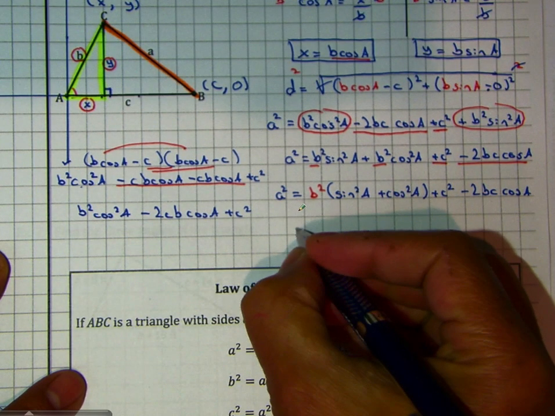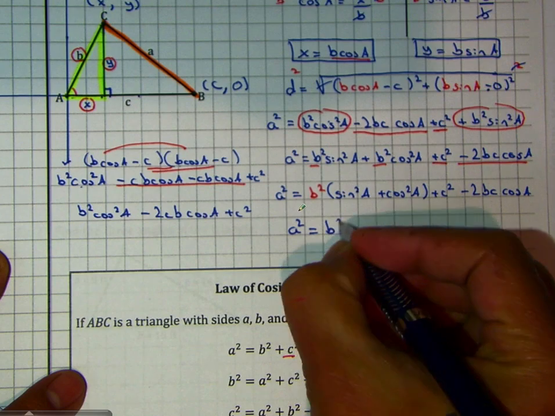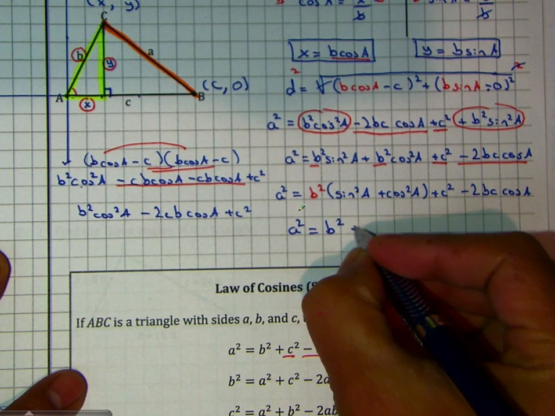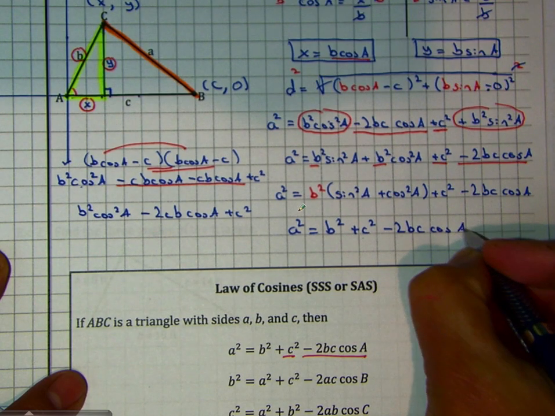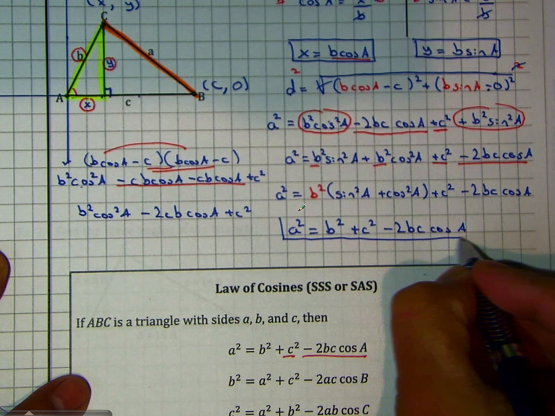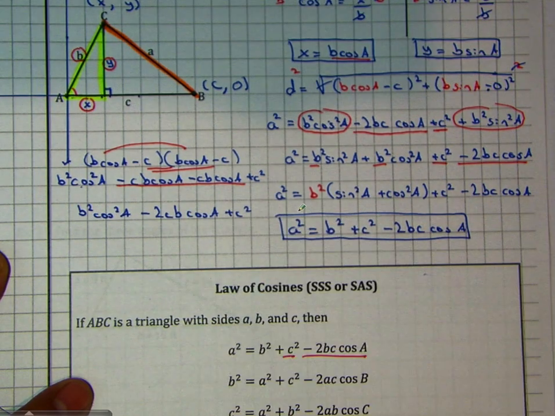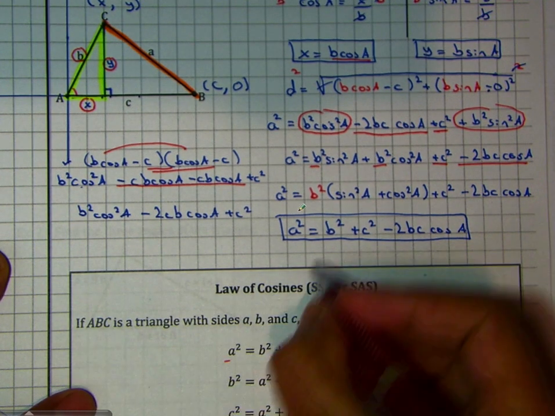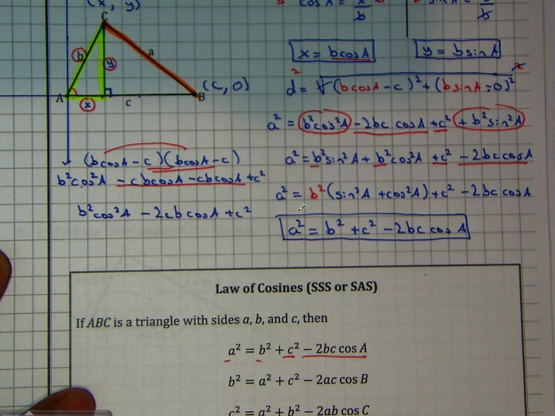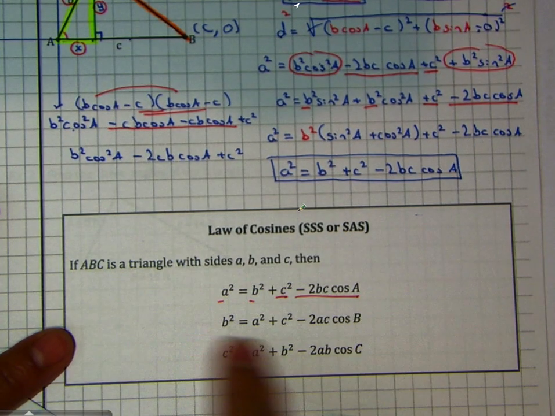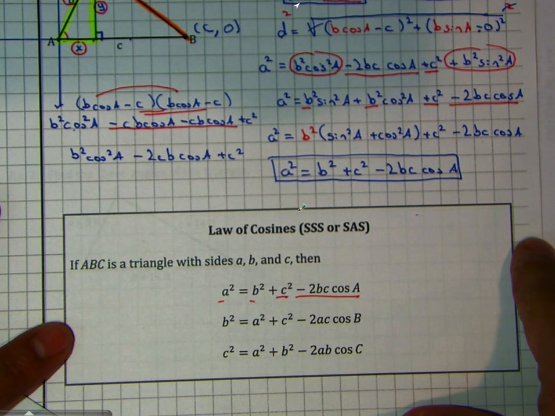So therefore I have a squared equals b squared, I don't need the 1, plus c squared minus 2bc cosine of A. So therefore we proved the law of cosines, and that is our first equation. So now we have a squared equals b squared plus c squared minus 2bc cosine of A. So take the time to write down or go ahead and paste it, and then we'll continue.